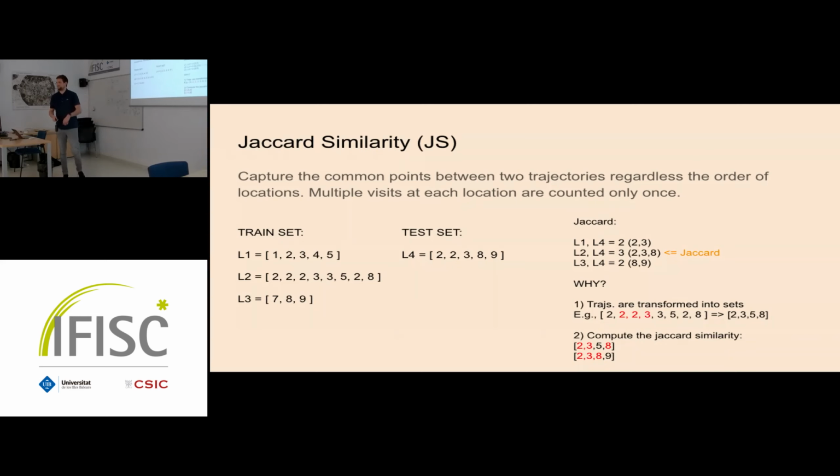You have to leave a server running for a couple of hours. So with the Jaccard similarity, we simply want to understand the overlap. Those are sets, so repetitions do not count. How many items here are in common with how many items of such trajectories in the test set?